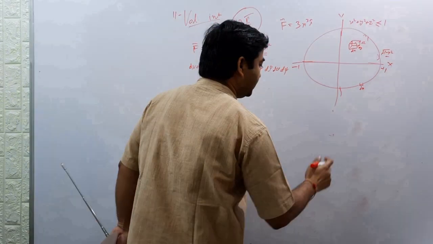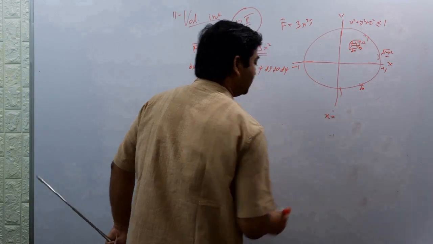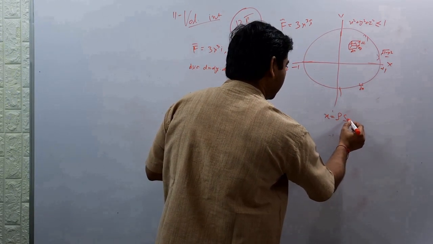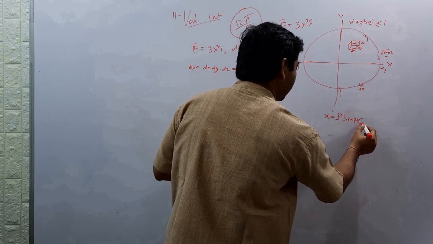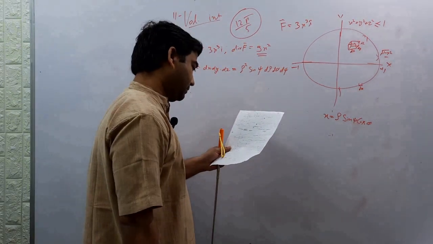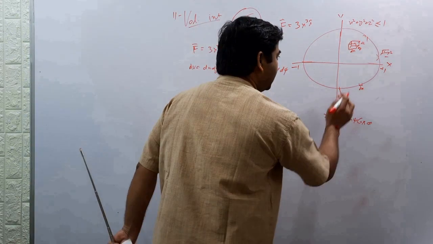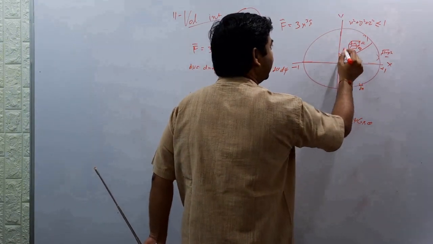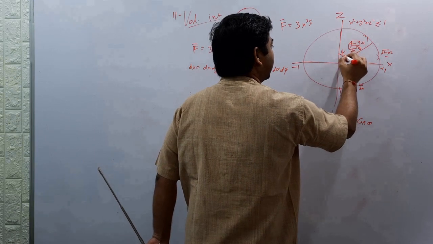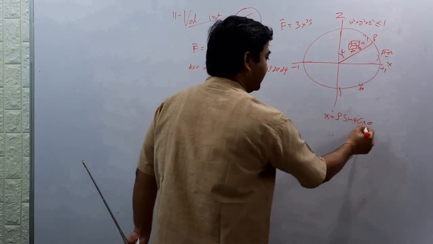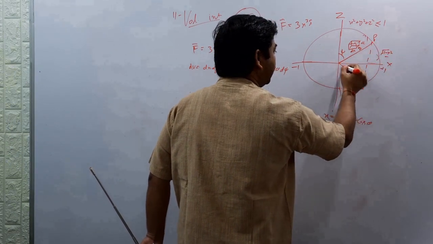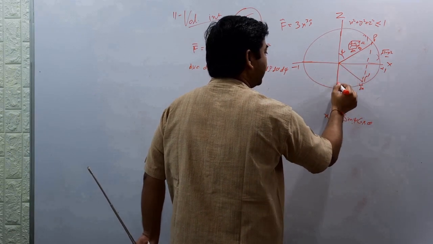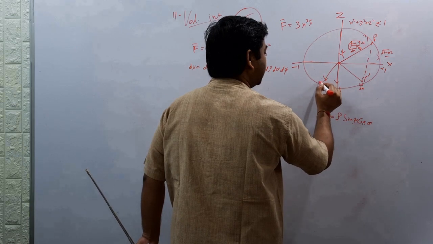Recall this conversion, then you will find x is equal to rho sin psi cos theta, where rho is the radius of this sphere, psi is the angle between the z axis and this point P, and theta is the angle in the xy plane for the projection P dash, measured from the x axis.